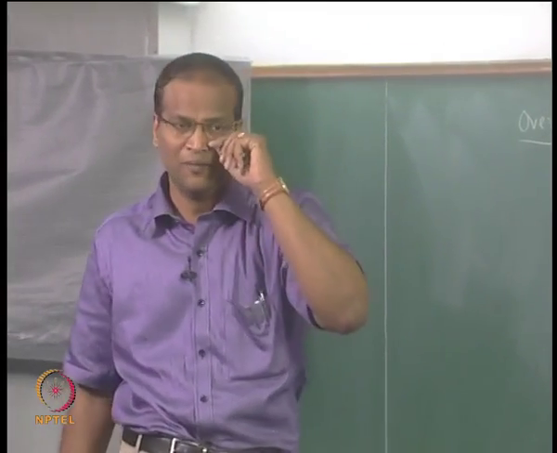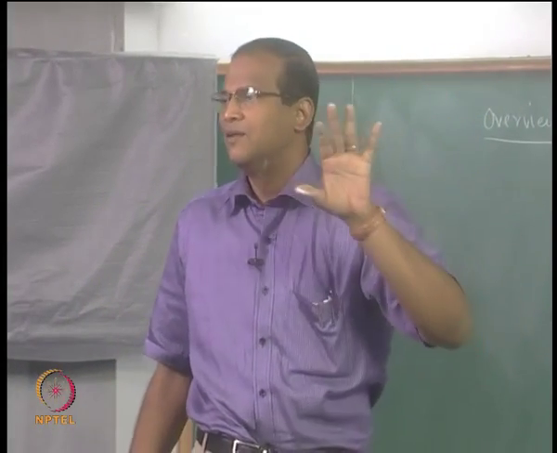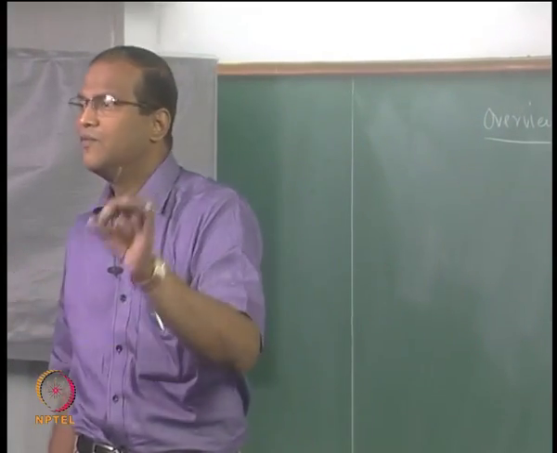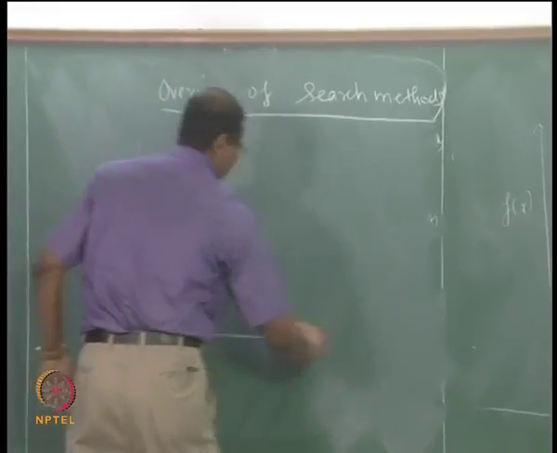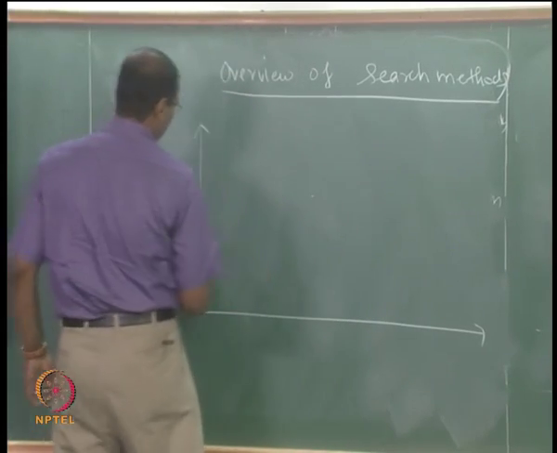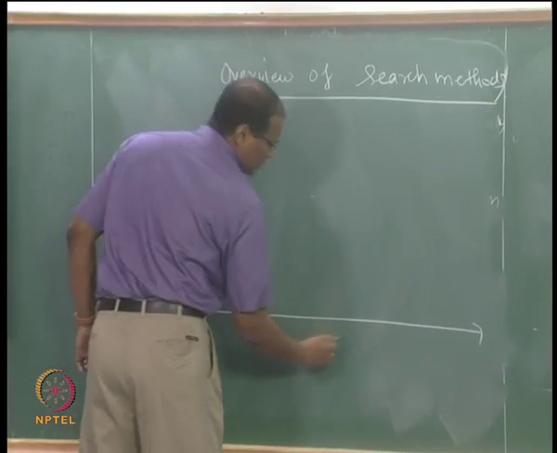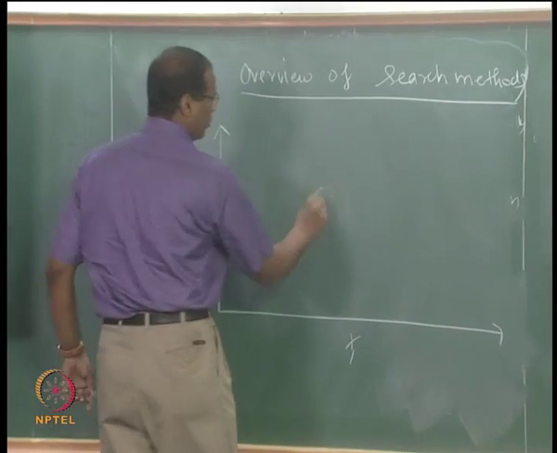But that is not the only conceptual way of solving an optimization problem with the search method. There is another possibility. For example, the 2 variable optimization problem, I am looking at a minimum. Okay, this is the minimum. For example, I am drawing contours.